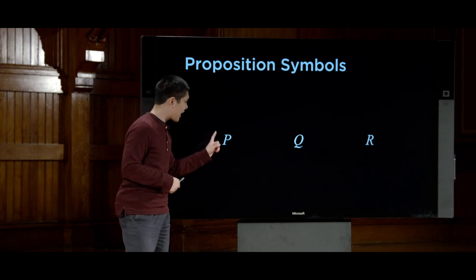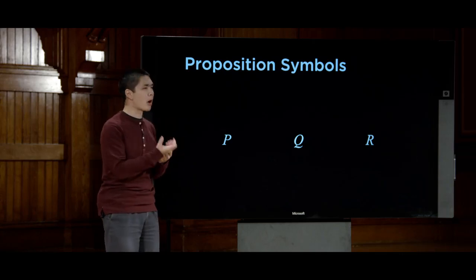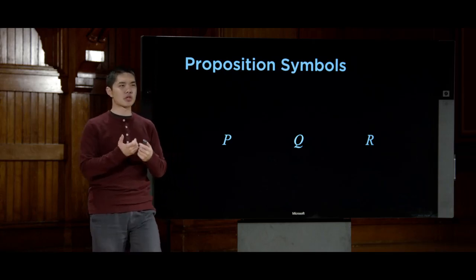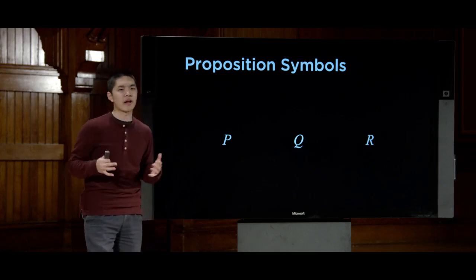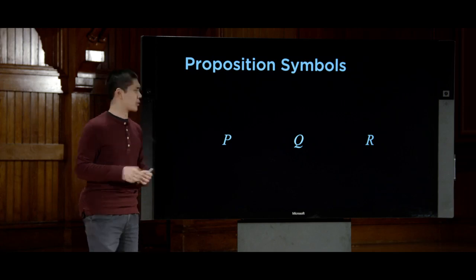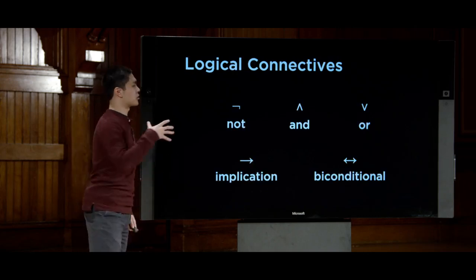Each of these propositional symbols represents some sentence or some fact about the world. But in addition to just having individual facts about the world, we want some way to connect these propositional symbols together in order to reason more complexly about other facts that might exist inside of the world in which we're reasoning. So in order to do that, we'll need to introduce some additional symbols that are known as logical connectives.